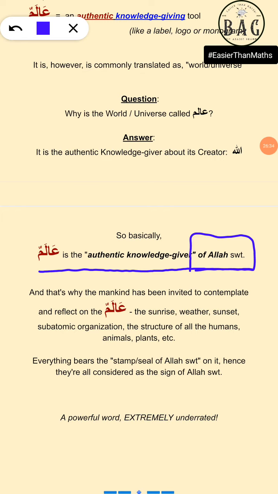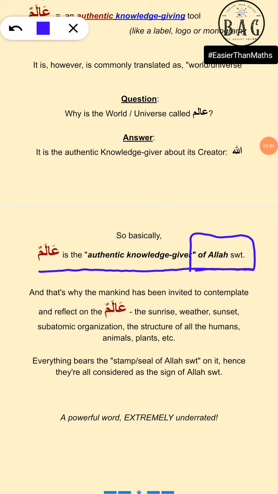You get into the awe of Allah subhanahu wa ta'ala, and this is something that cannot really be put into words. That's the reason all of mankind has been invited to reflect on the alam.